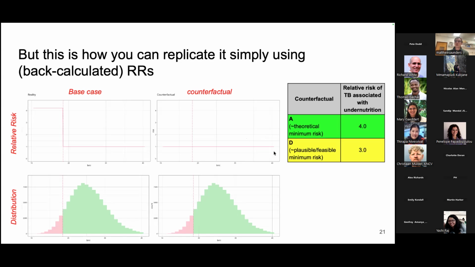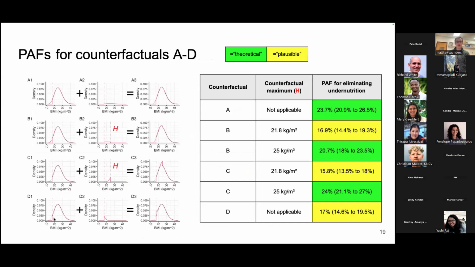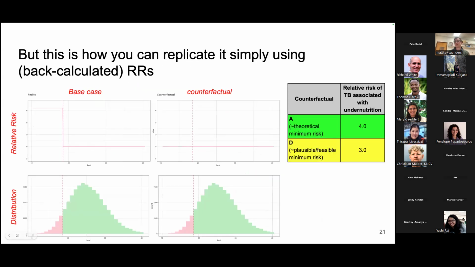And if we compute these back calculated relative risks, we get a relative risk of TB associated with undernutrition of 4 if we use the theoretical minimum risk scenarios, the base case scenario where everybody is proportionally redistributed. And in the scenario which was a reflection, I'll just show you that again, scenario D, which is more at the plausible end, the relative risk goes down to around 3.